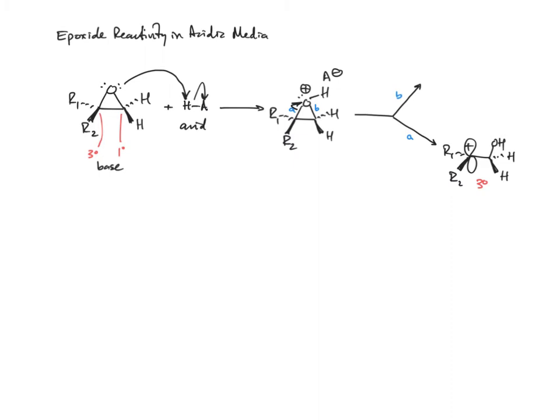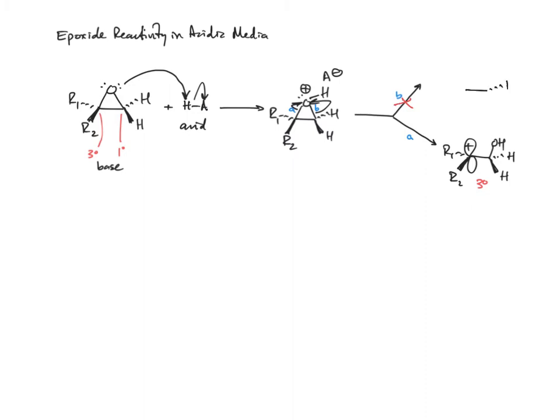Now if we went to route B, and that bond ionized, this would be going up this path. And the reason I have it going up is because it's going to be higher in energy, and it's not going to be the preferred route. But we need to draw it anyway so that we can properly evaluate it.